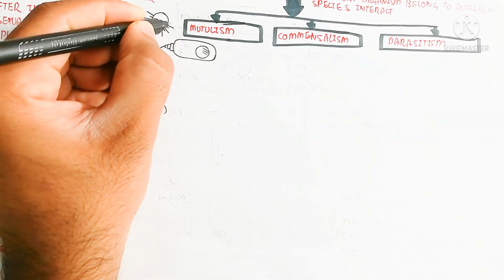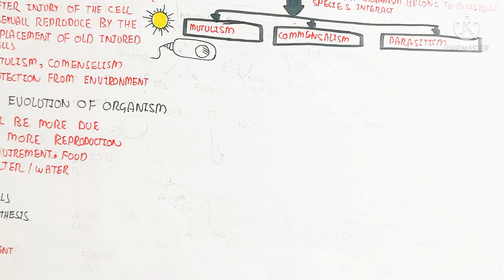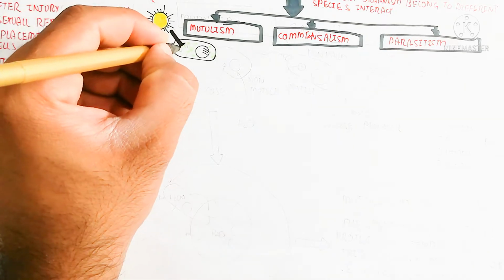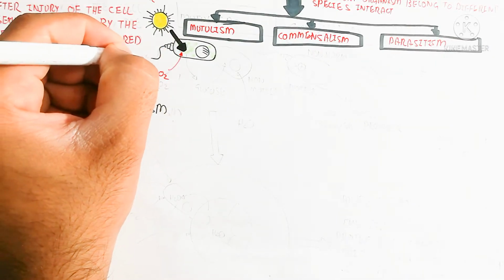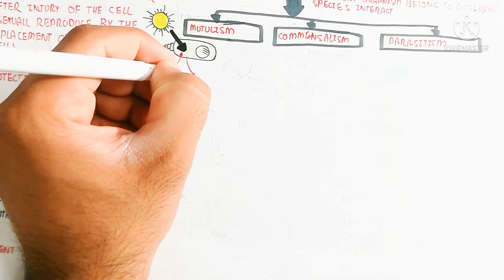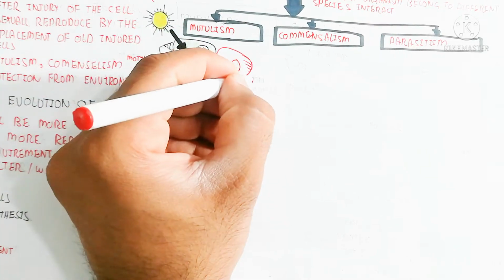Both are beneficial. For example, here you can see this cell contains autotrophs, because it contains chloroplast and chlorophyll, and uses light, carbon dioxide and water to produce glucose, and also produces oxygen.